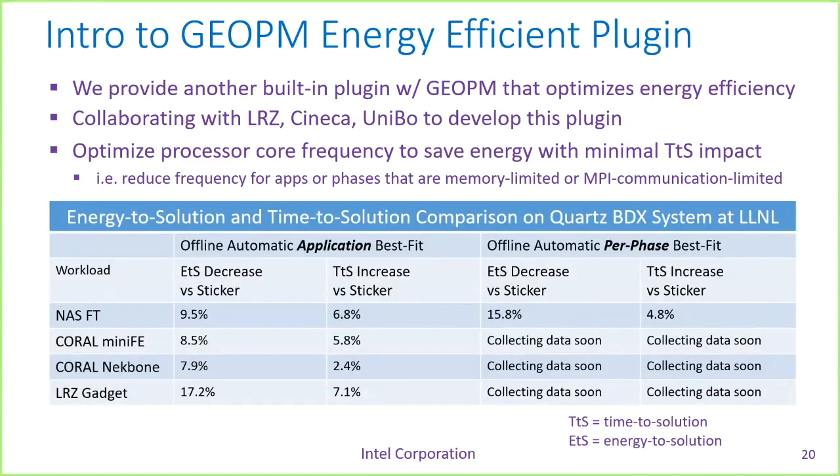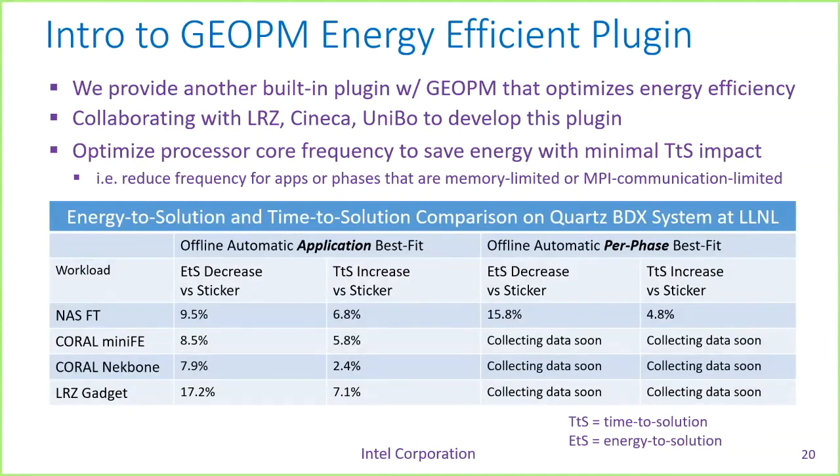We compared against, let me think, let me try to remember actually. I don't want to tell you something wrong. Okay, in the left column, I think what we've compared against is running the application at sticker frequency, or at most a couple hundred megahertz below that.